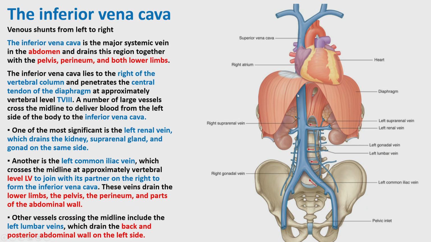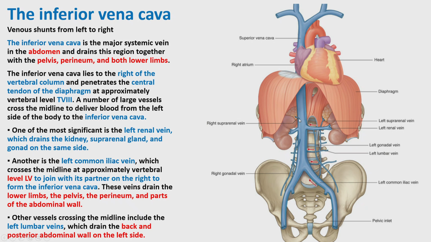So more or less, not all, the tributaries are the same as the branches of the abdominal aorta, and it is located on the right side of the abdominal aorta, of course. As you see, the renal vein from the kidney drains to the inferior vena cava.